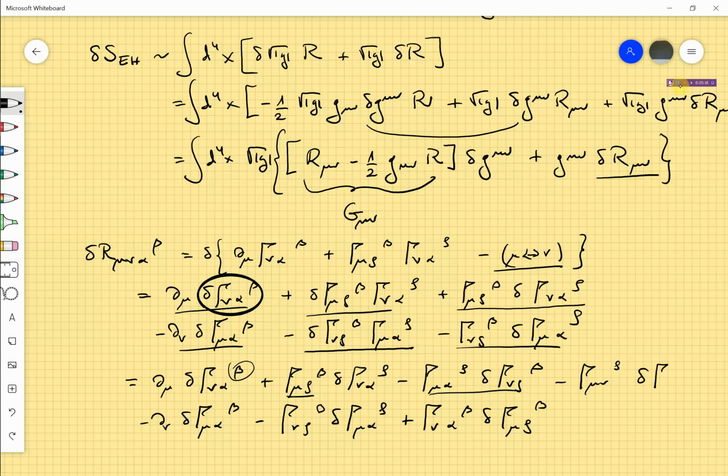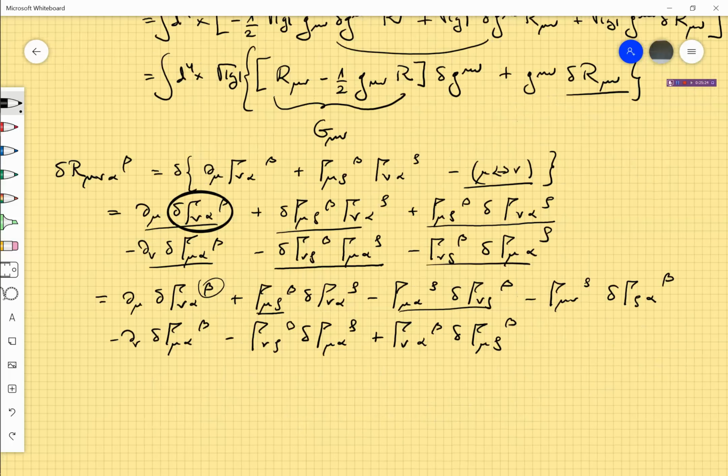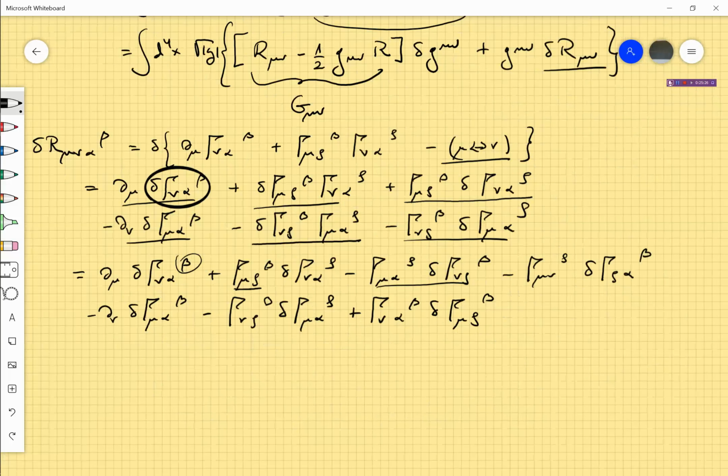And this is rho alpha and beta, and if I have subtracted it here, I add it here. Exactly the same term.